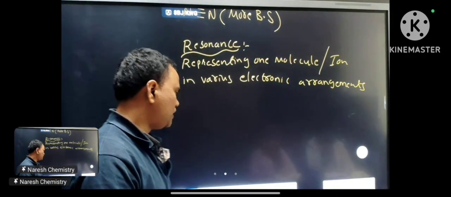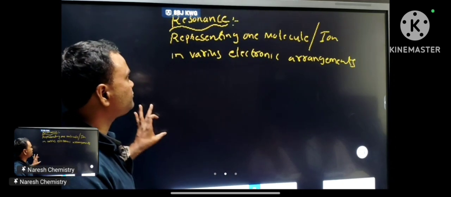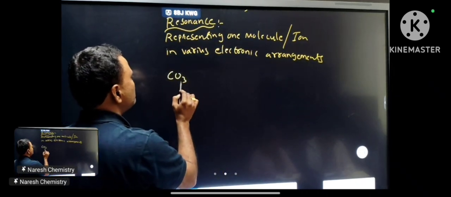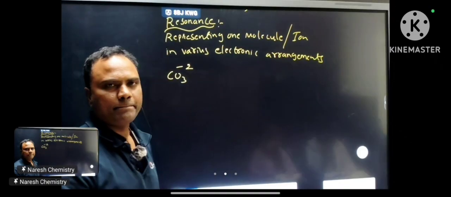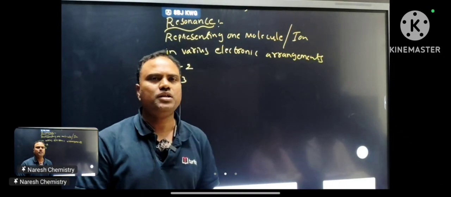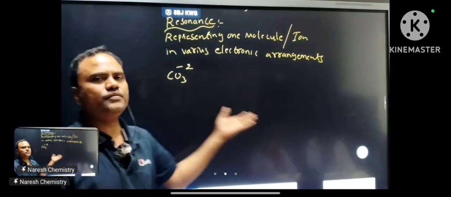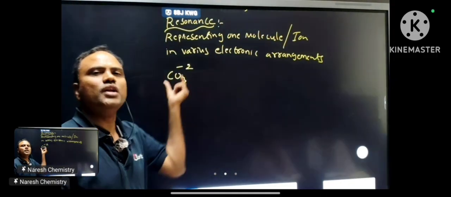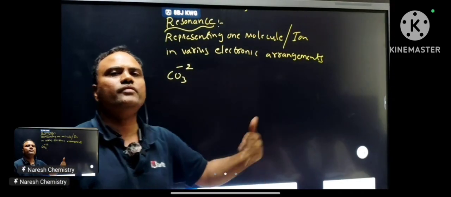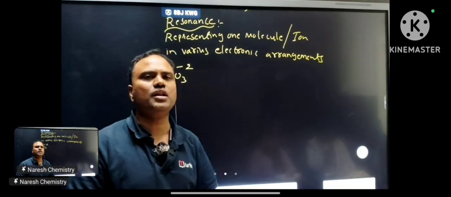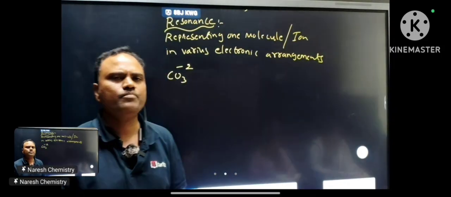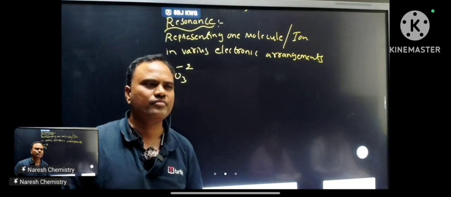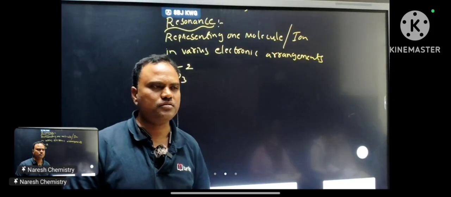I'm taking one ion, CO3 2-. Let us represent this ion in different electronic arrangements. Representing one ion or molecule in various electronic arrangements, or simply, representing one ion by different structures, is called resonance.